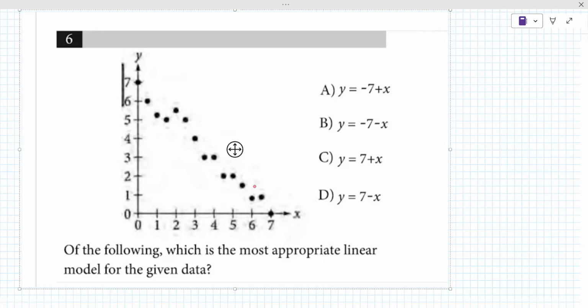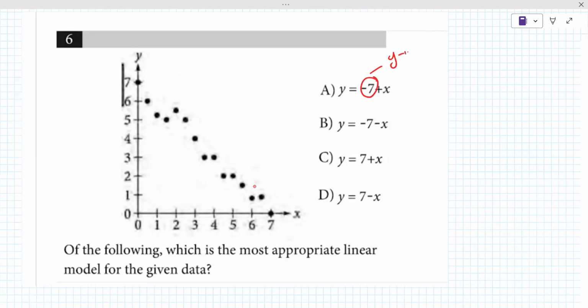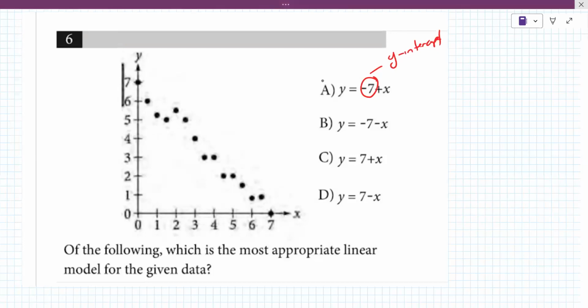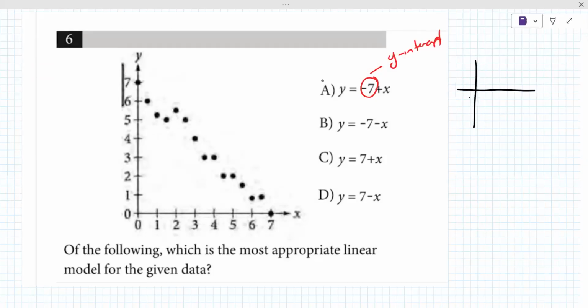A, when you look at A, has a y-intercept of -7. Let me try to show you where that is. Oh, never mind. Here's 7, here's minus. So this would have to be positive. Oh, but then it's a negative correlation, so minus x, D. I heard that. Is that right? Yeah.